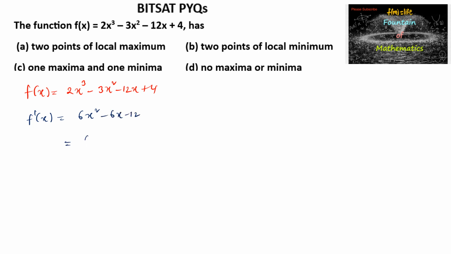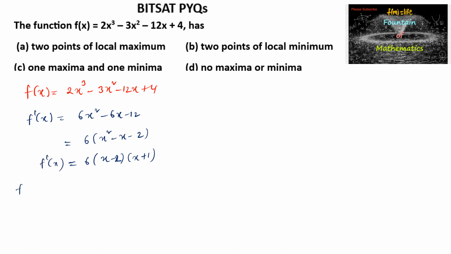So we can take 6 common: x square minus x minus 2. So we can write 6 times of x minus 2 into x plus 1, we can do factorization: minus 2x plus x minus 2.